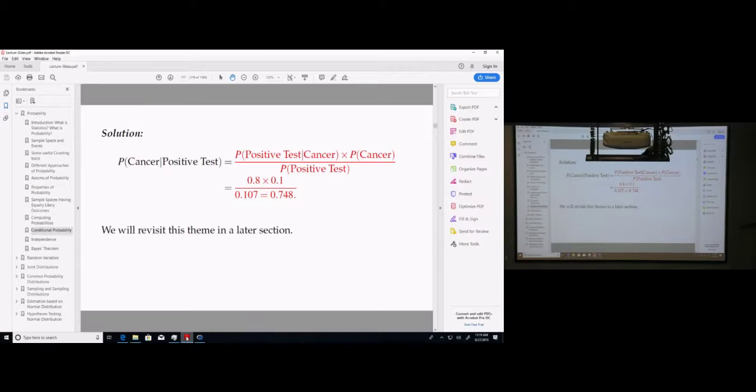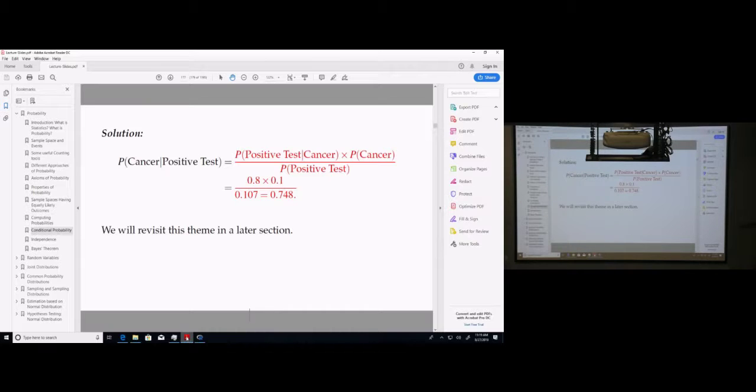The test usually is supplied by a pharmaceutical company, and they would calibrate the sensitivity and specificity that I just mentioned. Sensitivity is, among those who are known to have cancer, the fraction tested positive. Specificity means among those who do not have cancer, the fraction reported as negative.